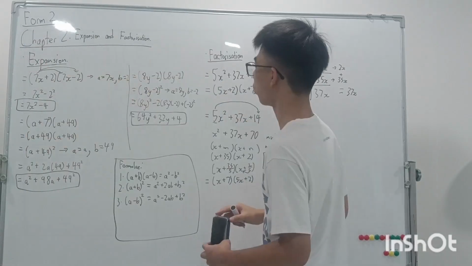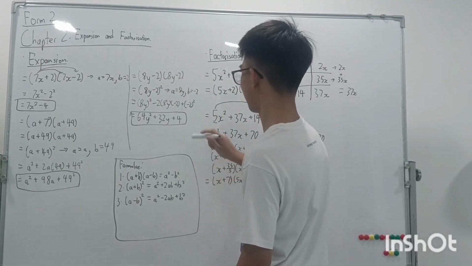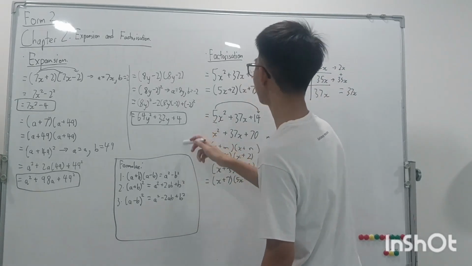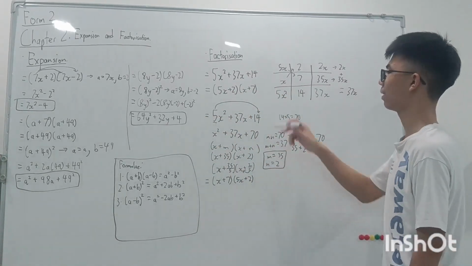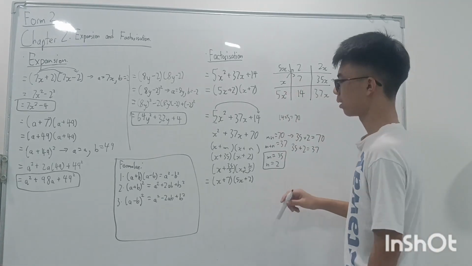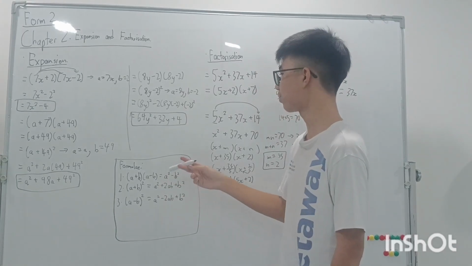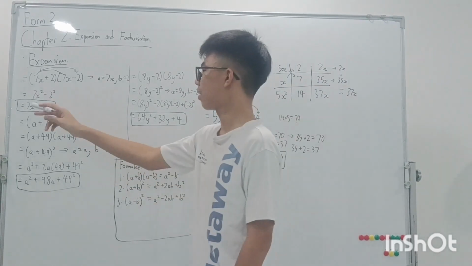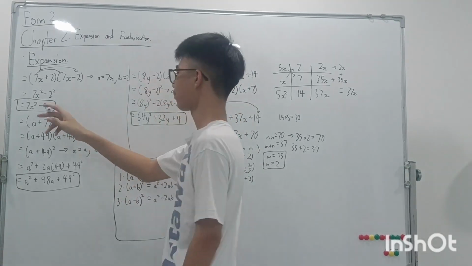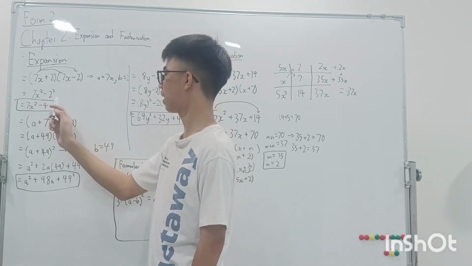Okay. Now what if you want to factorize equations like this back? Well, you could just use the standard methods I had given you, or you could just use the formulas again. What do I mean by that? Well, for the first formula, say you only have 7x squared minus 4, and the question tells you to factorize it.